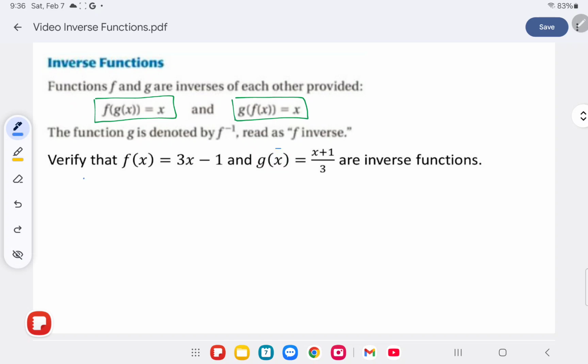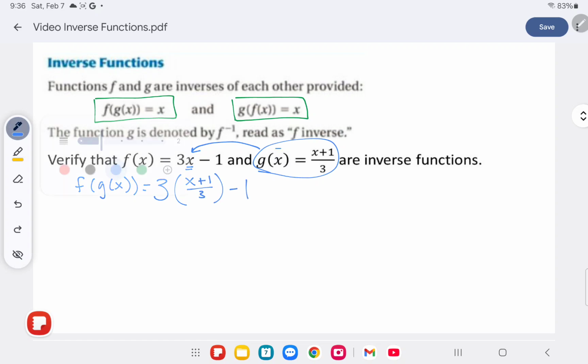So if I'm going to show that f of g of x equals x, that means first I'm going to plug g into my f function. So here's what that looks like. I've got 3, and then where the x is, I'm going to substitute (x plus 1) over 3, minus 1.